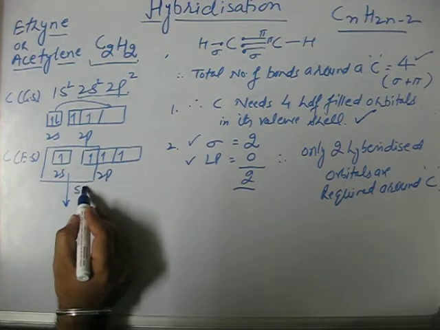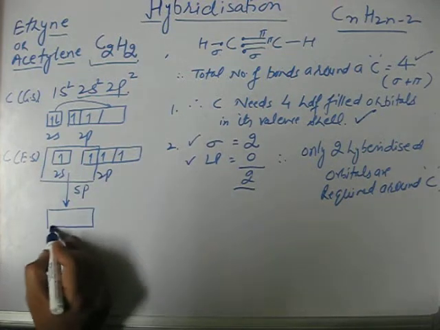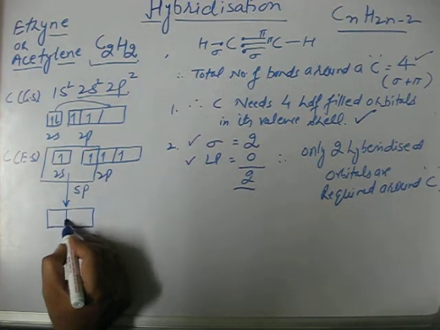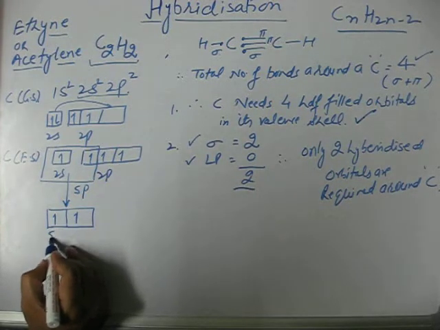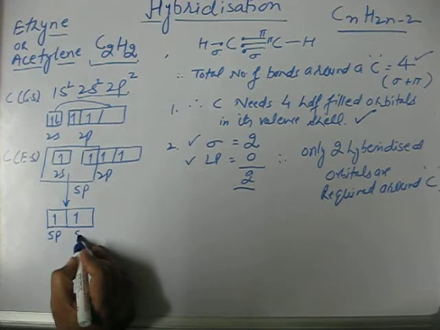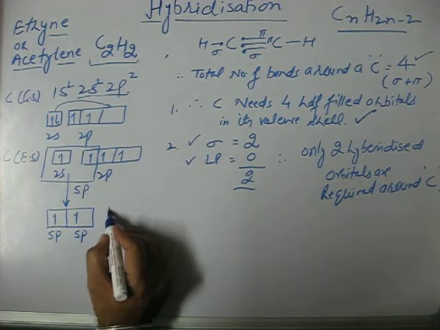So the hybridization here will be sp hybridization. That means 2 atomic orbitals are mixing and redistributing their energy to create 2 hybridized orbitals, which are no more s or p now, but sp hybridized orbitals. That is 2 hybridized orbitals around the central atom, right?